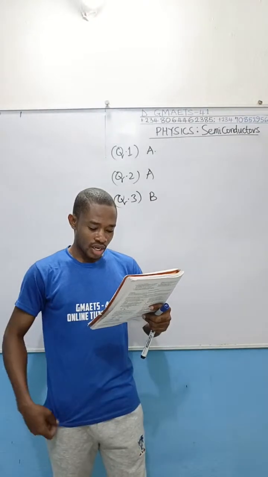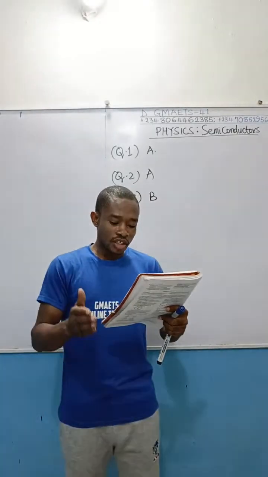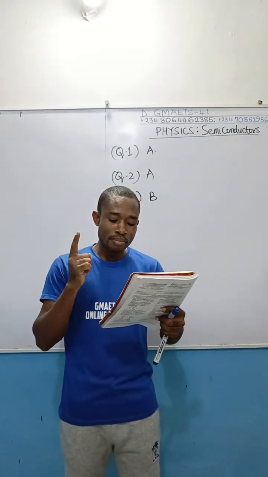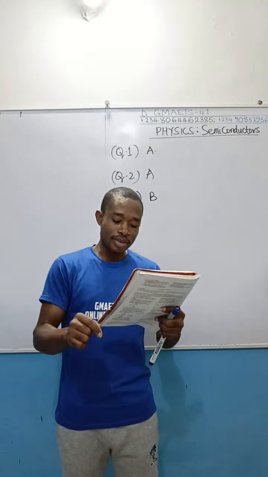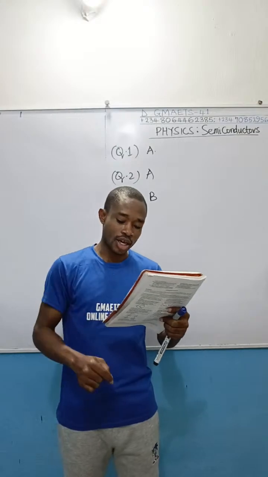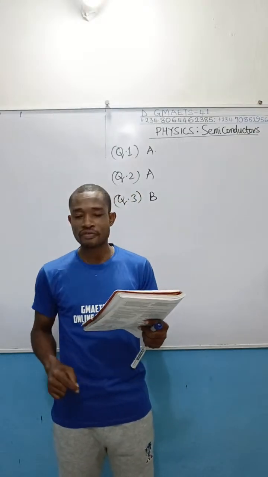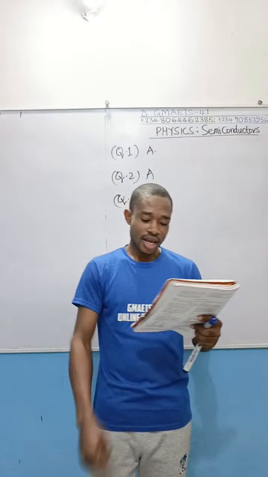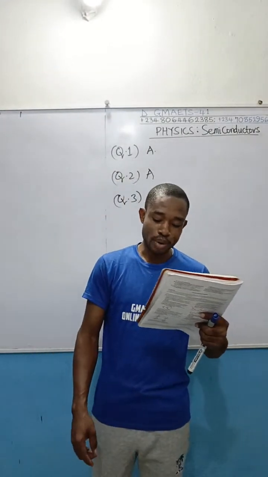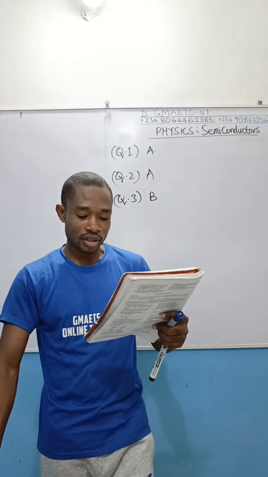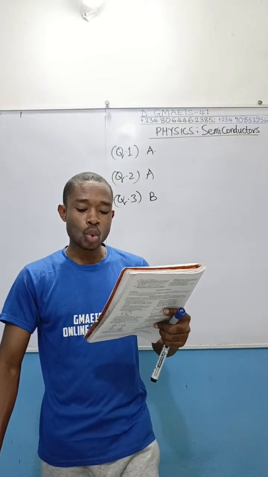Let's move on to the next question. The major difference between metals, semiconductors, and insulators is the issue of A. Ionic bond, B. Covalent bond, C. Band gap, D. Bond well.